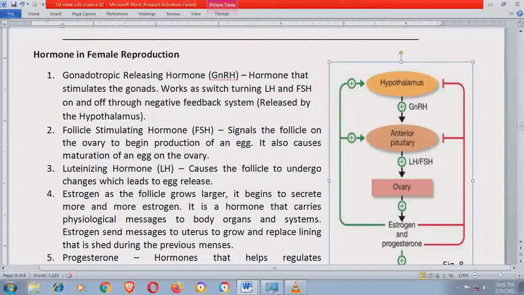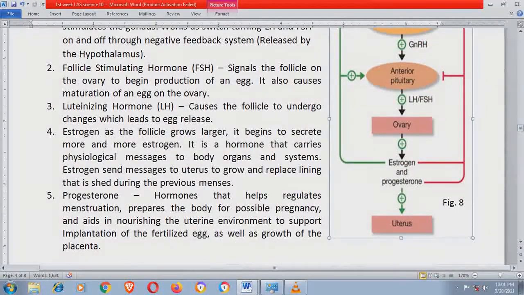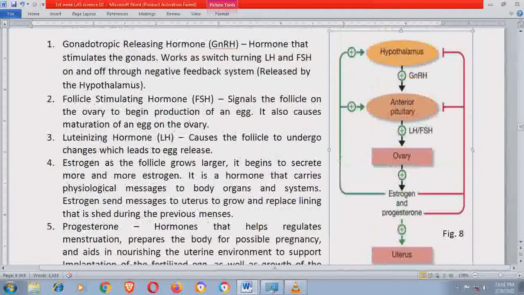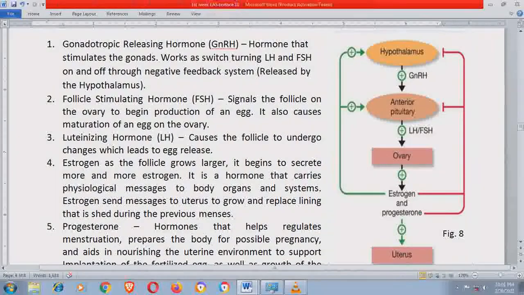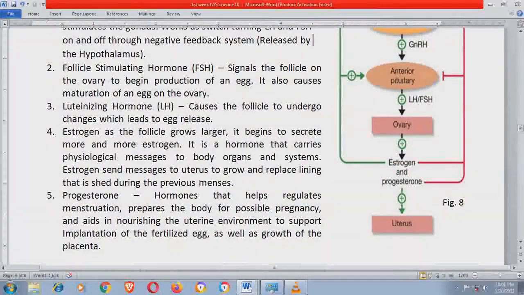Hypothalamus releases a GnRH papunta kay anterior pituitary, and then si anterior pituitary will release its LH and FSH papunta kay ovary, and then ovary releases its estrogen and progesterone papunta kay uterus. Ayan. So may parang laging two options, no? So kaya nangyayari 'yon kasi the body is preparing for pregnancy.